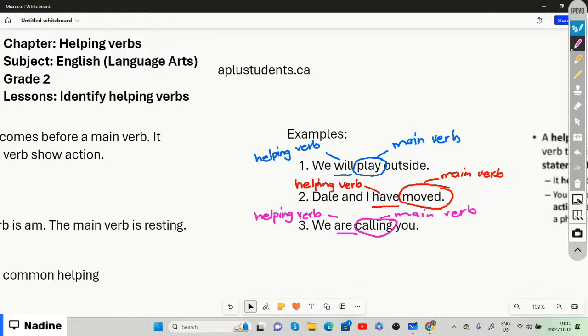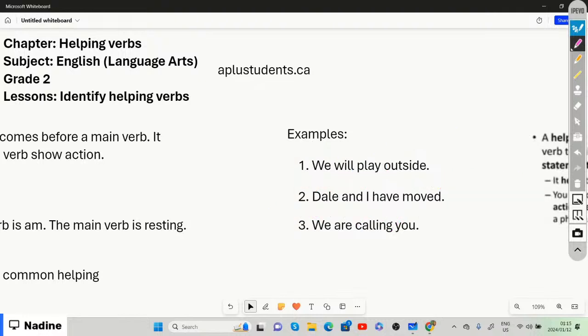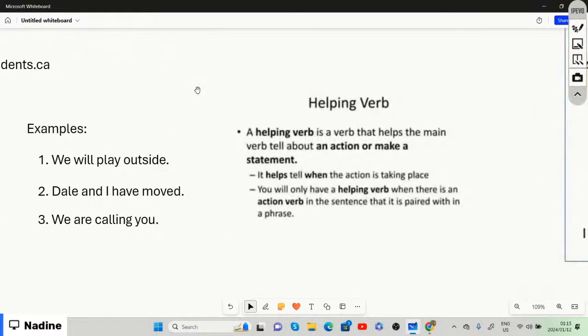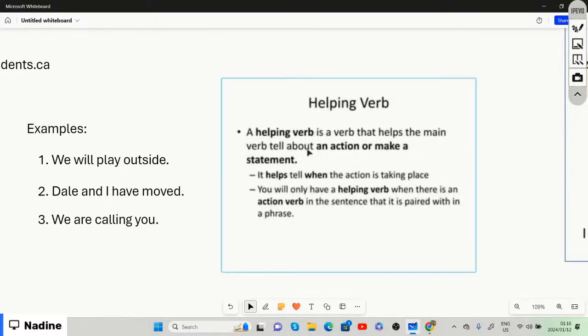So far we have identified the helping verbs within the sentences as well as the main verb, to show that these specific helping verbs help the main verbs to show the specific actions within a sentence. And once again, a helping verb is a verb that helps the main verb.